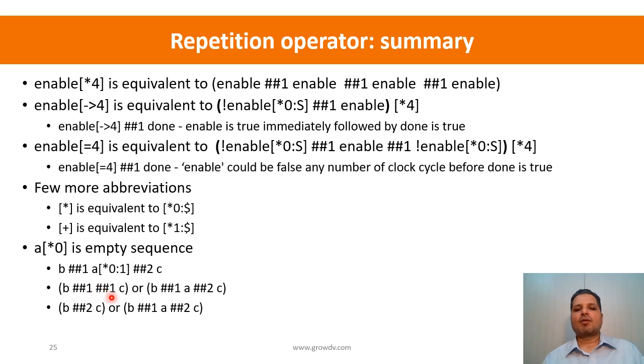So I just have one more delay, and then I have C. Then OR, I'll expand it for 1. So B, 1 clock delay, then A has now come in because it's no longer an empty sequence, and then 2 clocks delay and C. The first one I can further simplify since there's nothing in between, so it's a B followed by 2 clocks delay followed by C, or B followed by 1 clock delay followed by A followed by 2 clocks delay and C. So this is what an empty sequence would expand to.